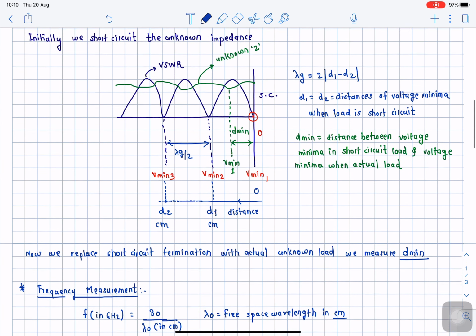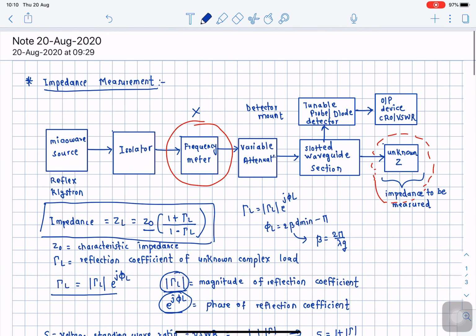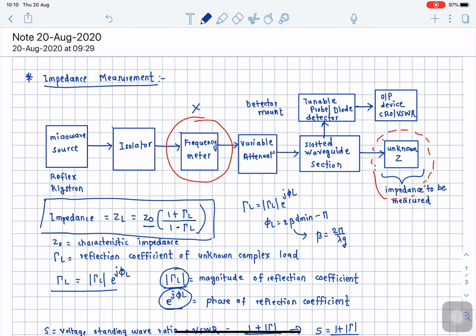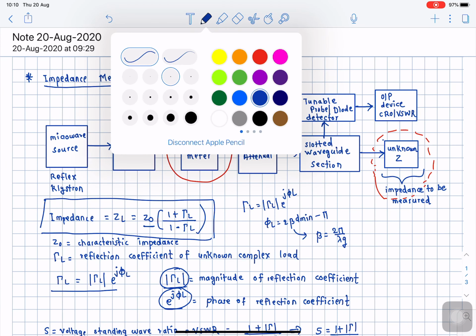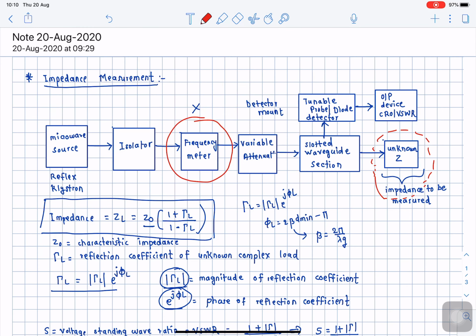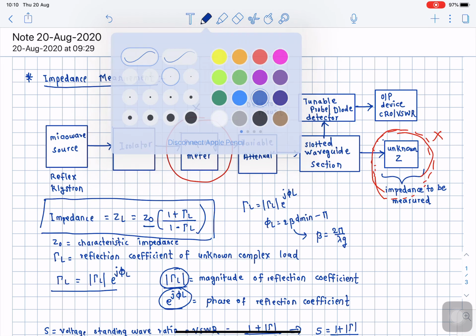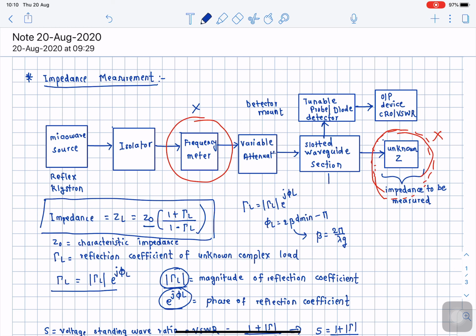So what changes do we need to make in this setup? Remove the frequency meter and remove the unknown load impedance, and instead connect a short circuit at the end of the slotted waveguide section.